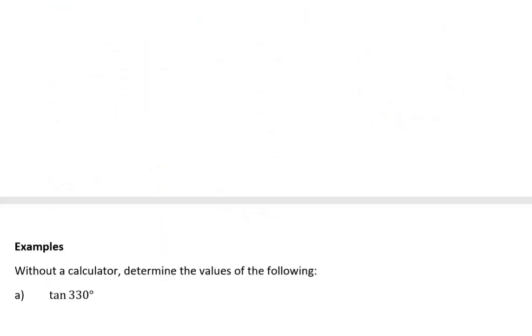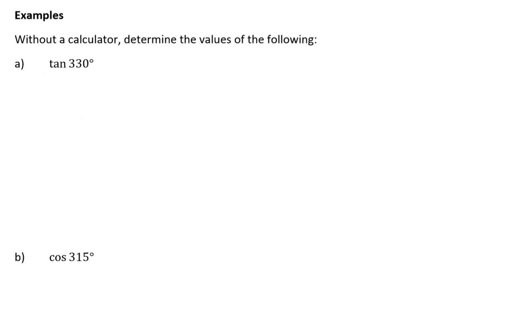Right, let's have a quick look at examples like we have been doing. So, without a calculator, which means, we've seen this before, can we rewrite this angle, for example, in A of 330? Can we then reduce it and then use our special angles to actually get a number answer? So, first question, can you rewrite this as 360 minus an angle?